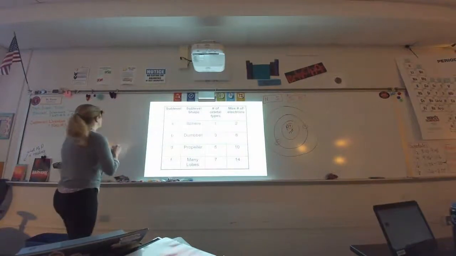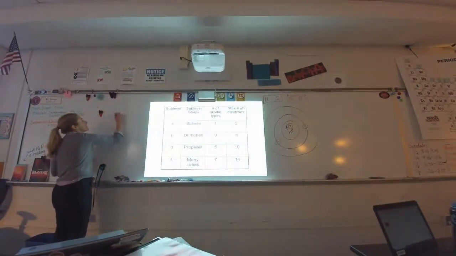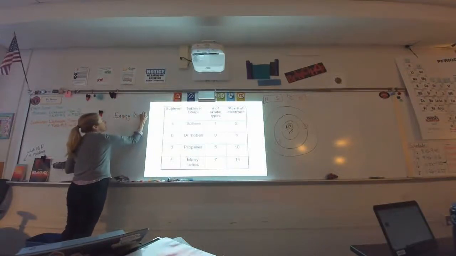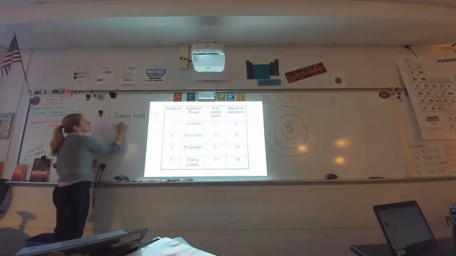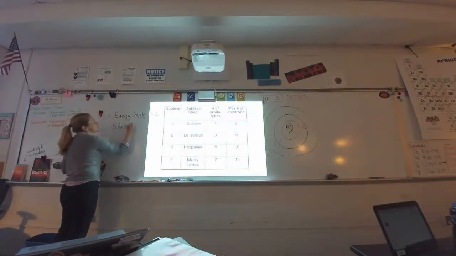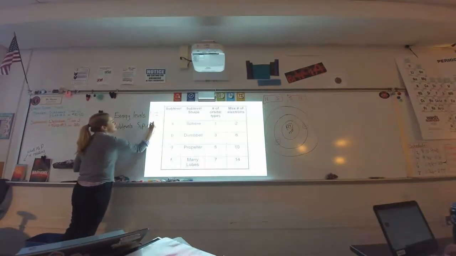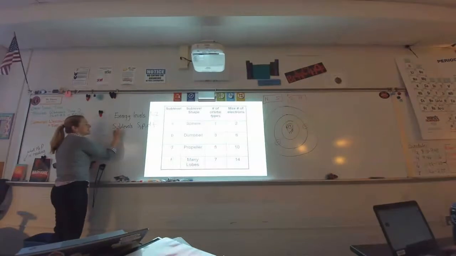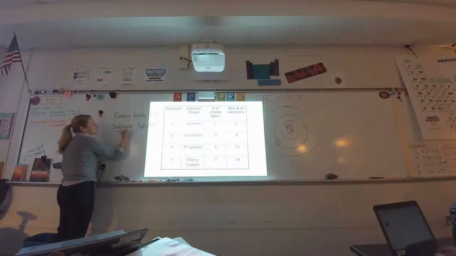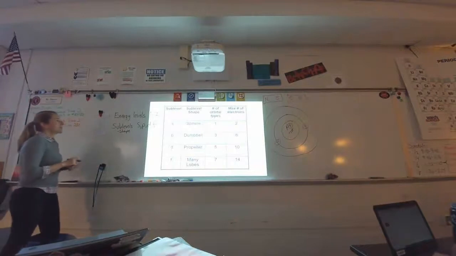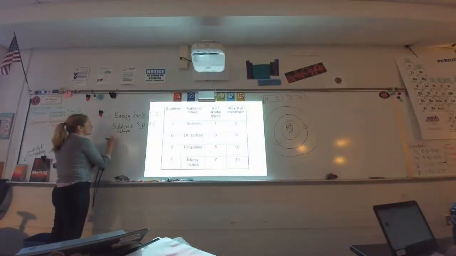So we have these energy levels, 1 through 7. And then we have sublevels within those energy levels, which are S, P, D, and F. And these tell us the shape that the electrons are moving in. Then we have orbitals.